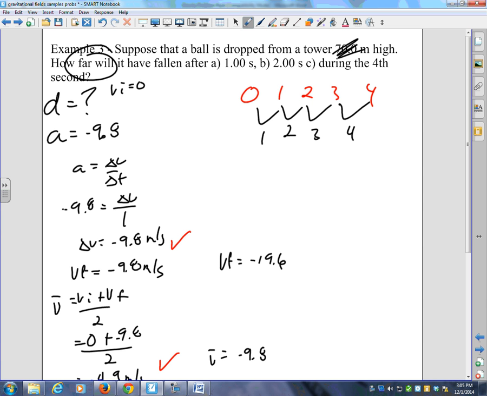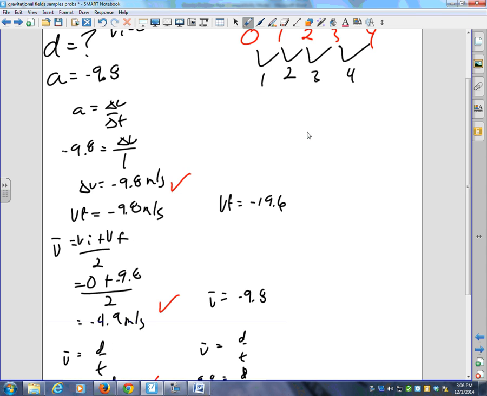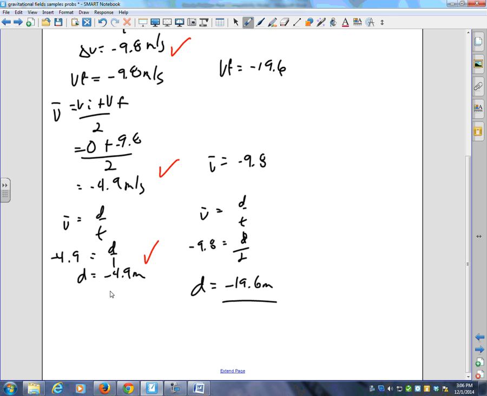Not on the average. How far does it go during the 4th second? Find the difference. So you have to do exactly those steps for 3, exactly those steps for 4, and then just subtract. That's how far it goes in that second.